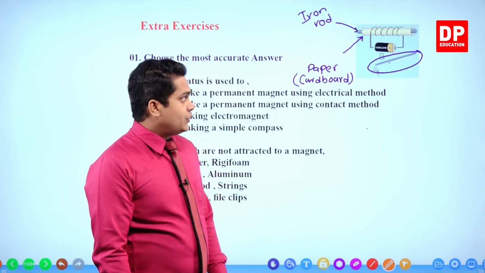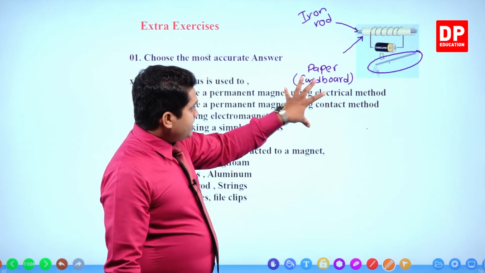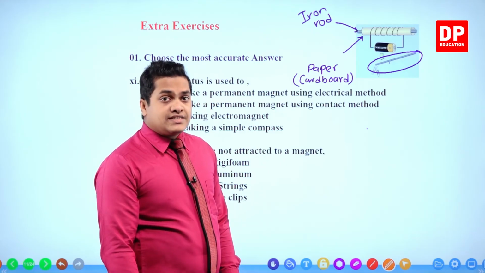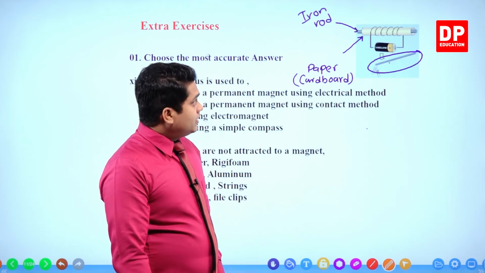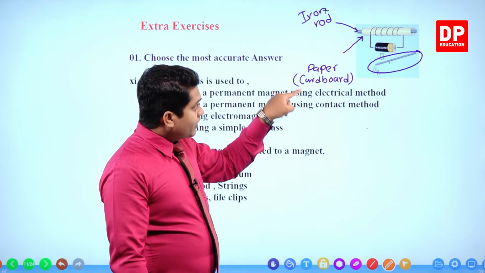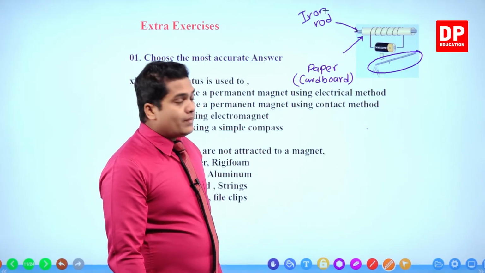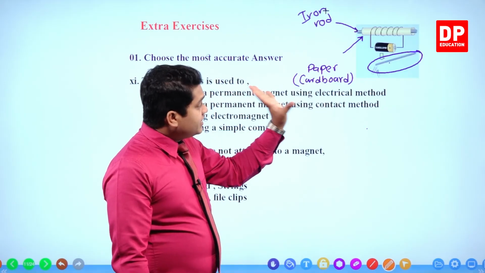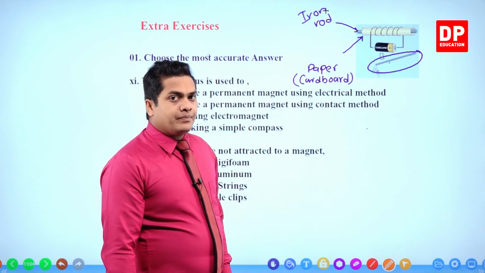So here you can see the insulator, and there is the iron rod, and electricity is supplied to the iron rod from the coil which is wrapped on the insulated area.